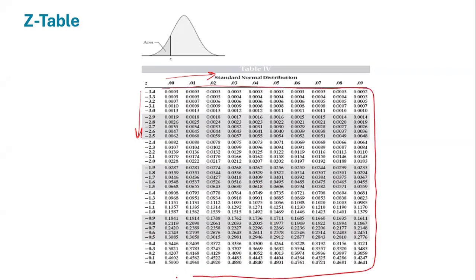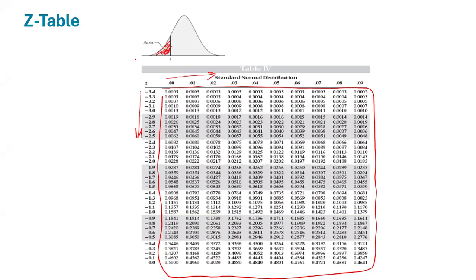All these decimal numbers are the probabilities or the area under the curve. And something important that you should remember: when we have a z-table, the area under the curve is always the area to the left, as you see in this picture, okay?